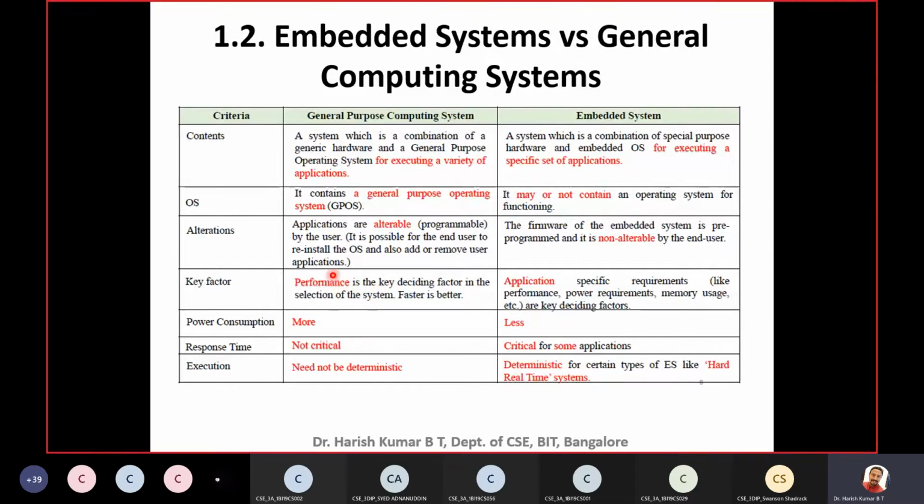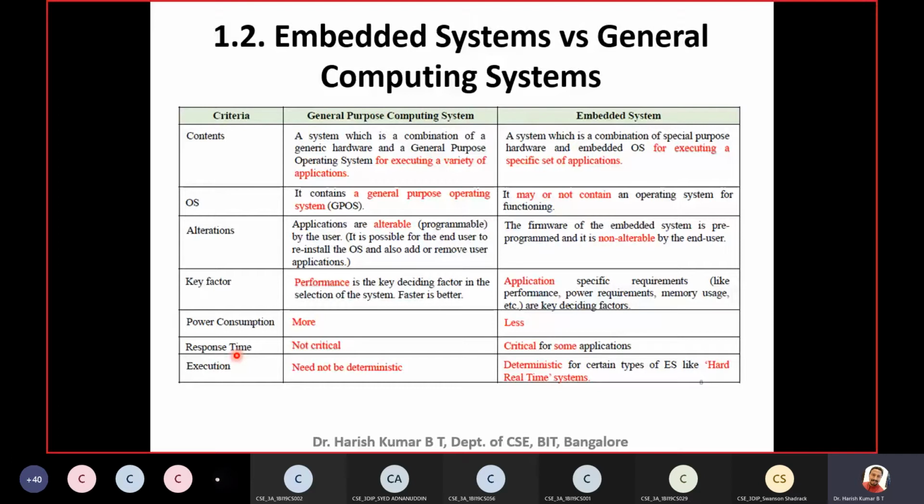Our focus is only on the performance of the computer or laptop system, so the power consumption will obviously be more. Here the power consumption is less, because it performs only one specific task and is optimized to do that task in such a way that it consumes less power. This is the difference with respect to power consumption.